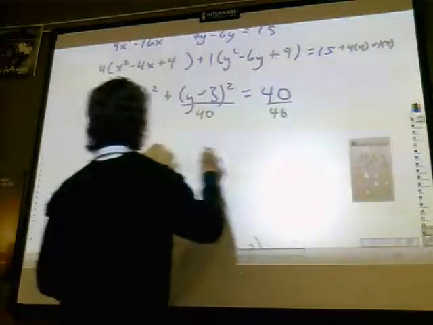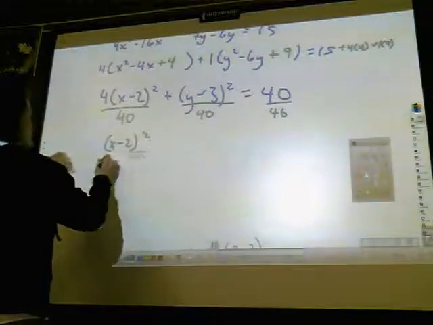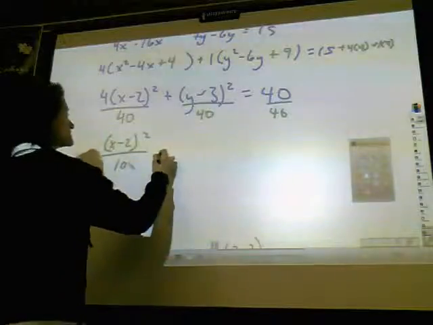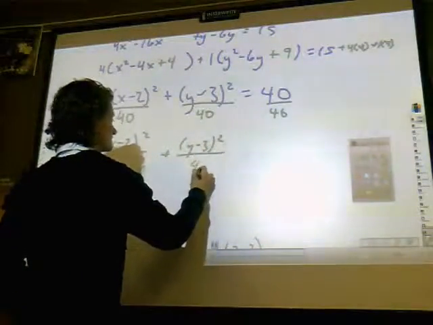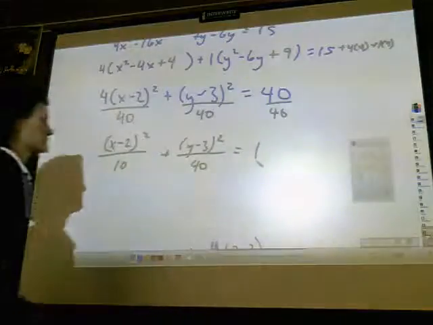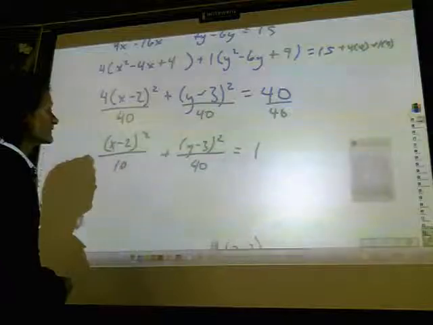So, x minus 2 squared over 10, since 4 goes into 40 10 times. Then y minus 3 squared over 40, and 40 divided by 40 is just 1.